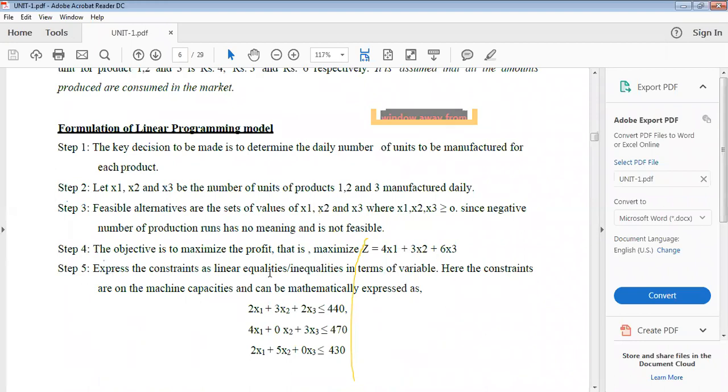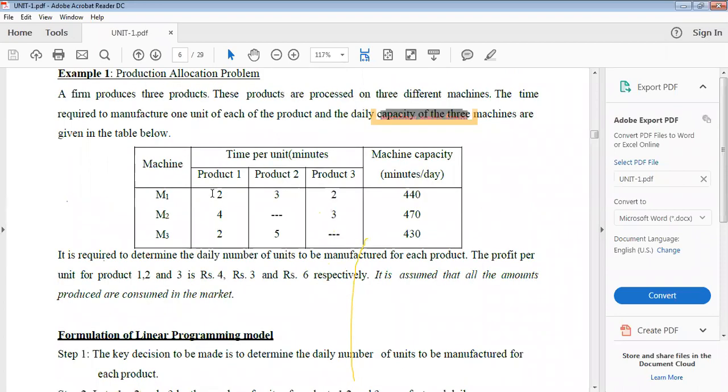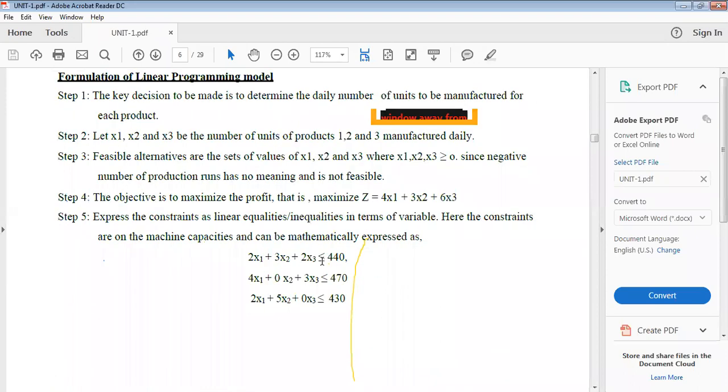Next, constraints as linear inequalities. Here the constraints are the machine constraints. Machine 1: 2x1 plus 3x2 plus 2x3, the machine capacity in minutes per day, should not be greater than 440, so less than or equal to 440.